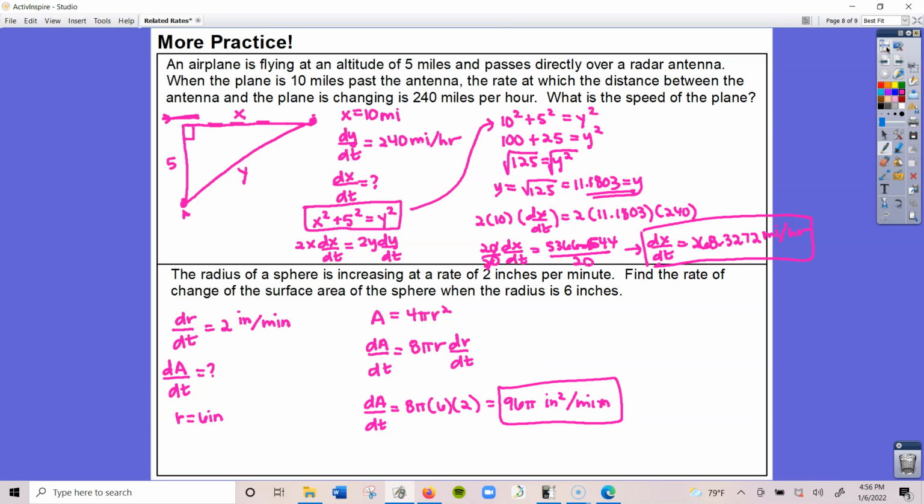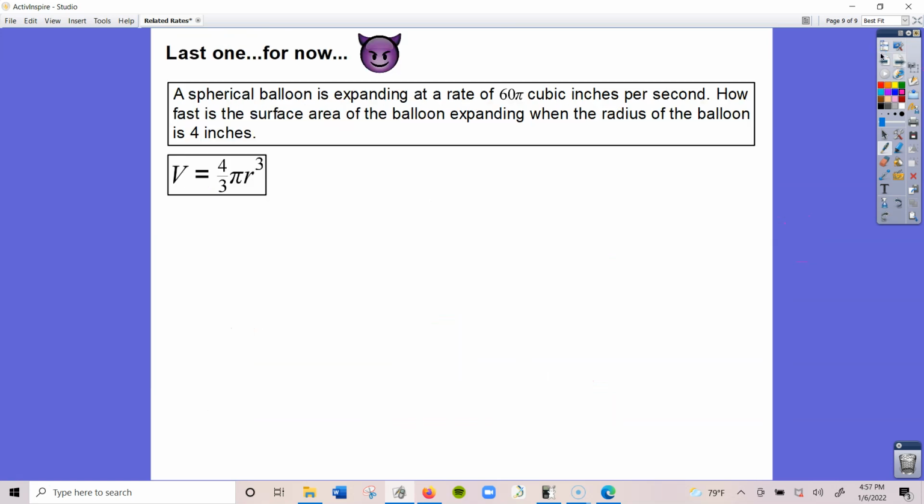We're reaching the end. Last question. A spherical balloon is expanding at a rate of 60 pi cubic inches per second. So cubic inches. This is dV/dt. And it says expanding. Expanding meaning it's going to get bigger.